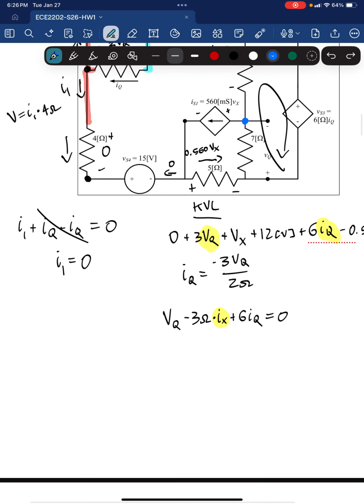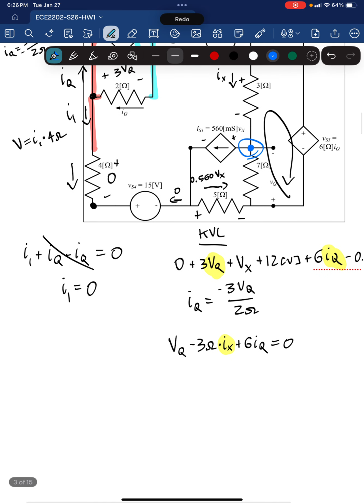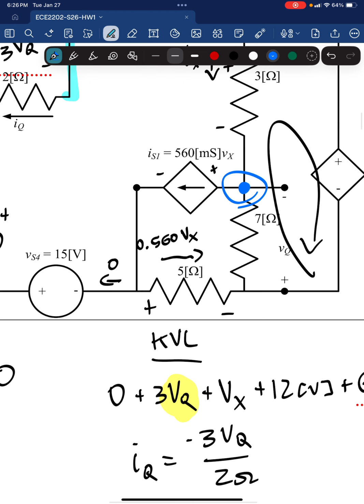We know that we have Ix entering, so I'm going to do minus Ix. And then we also have 0.56 Vx leaving. And now we have one last current here. But using the same definition I talked about with voltages in parallel, we know the voltage across this resistor is in parallel with this voltage. So it's just VQ.